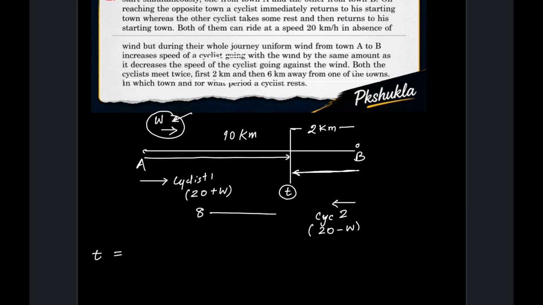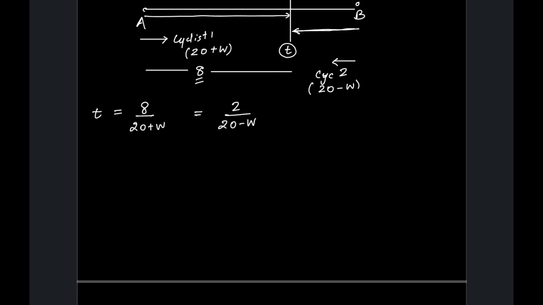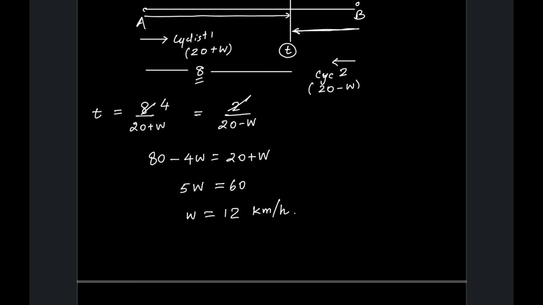This distance is 8 km because total is 10, and it's given 2 km from B, so it will be 8 from A. So cyclist 1 is covering 8 km with a speed 20 plus W, and cyclist 2 is covering 2 km in the same time with a speed 20 minus W. So we'll first solve this and get W. Let's solve it for W. Wind speed is coming out as 12 km per hour.